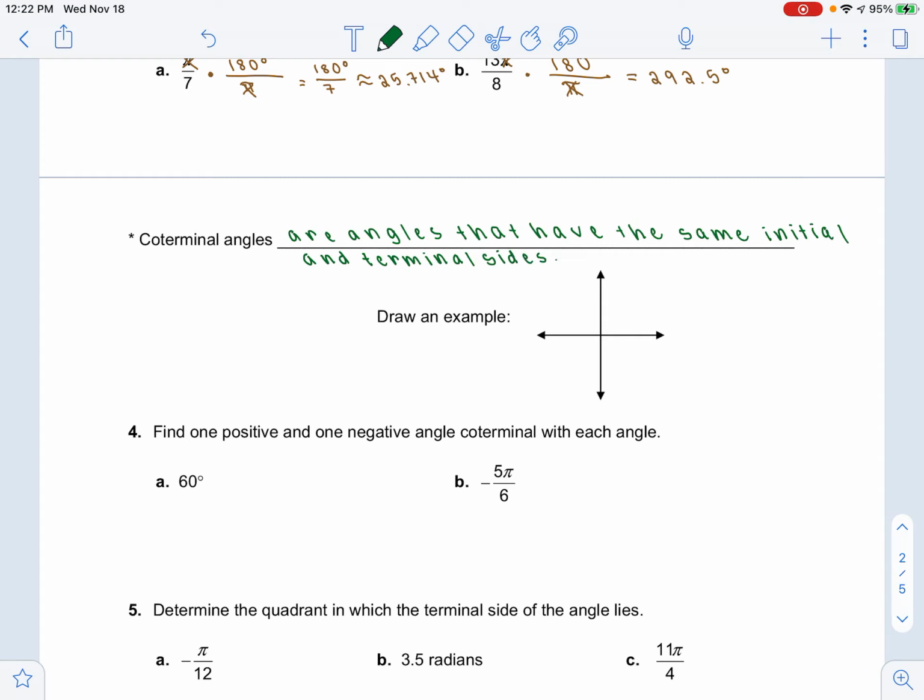So what you guys are going to see is that if I ask you to find a coterminal angle, it basically has to start and end in the same place. But keep in mind, you can go around many more times, but still land in the same place. You can go around the opposite direction and still land in the same place. So there's different ways that you can make this happen.